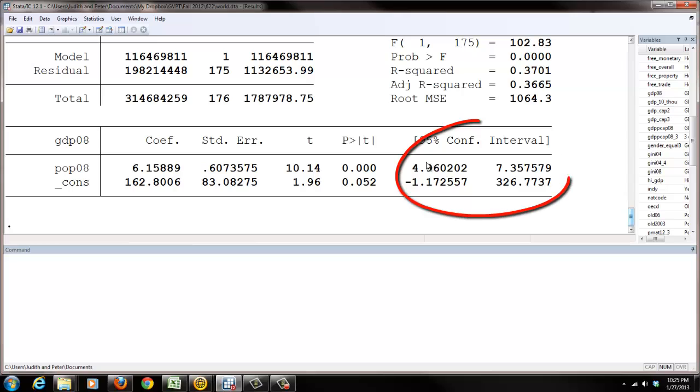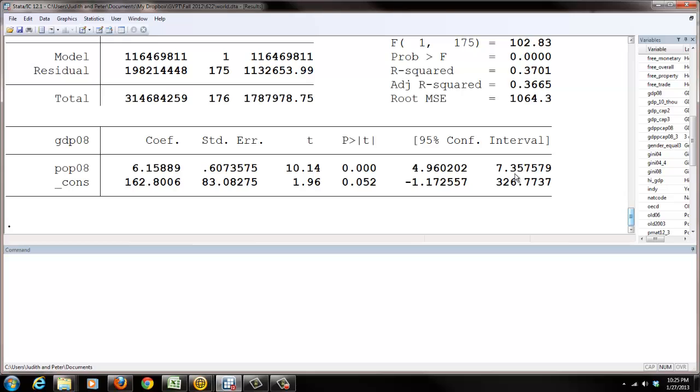The third way to interpret statistical significance is by looking at the 95% confidence interval, which is derived from the coefficient and the t-value for 95% confidence. This tells us that we're 95% confident that in the true population of states, the effect of a 1 million increase in population on GDP is between 4.96 and $7.36 billion.